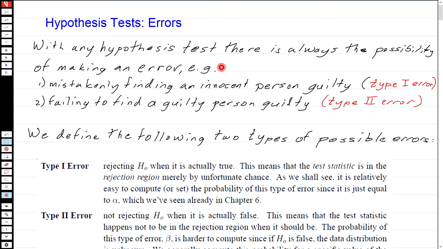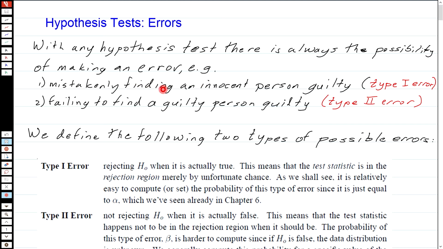Basically, with any hypothesis test, there's always a possibility of making an error, and there are basically two types of errors called type 1 error and type 2 error, imaginatively enough. The type 1 error is that we mistakenly find an innocent person guilty.